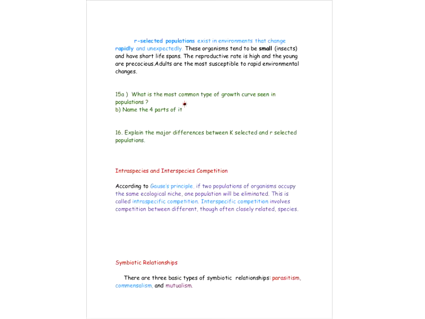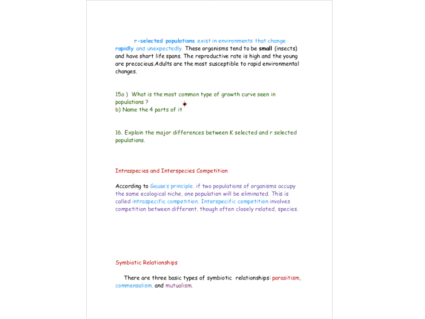So, we'll just talk briefly, we kind of touched on this a little bit earlier, intraspecific and interspecific species competition. Gause's principle says that if two populations of organisms occupy the same ecological niche, one population will be eliminated. These principles are not perfect, but things tend to happen that way.